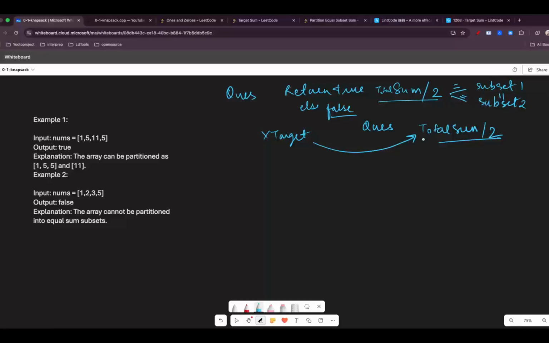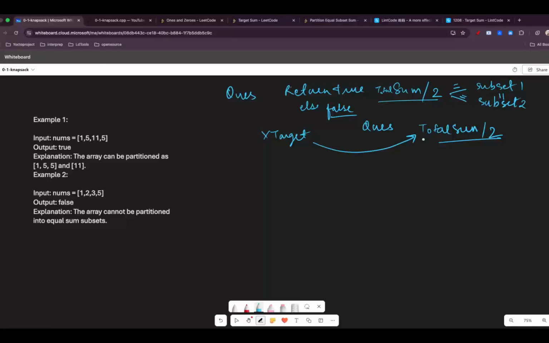Can we take only the 5 at the second index and the fourth index, so that there is a combination wherein the subsets are equal and then return true? Or do we have to include all the elements like 1, 5, 5 and 11? Is it possible that we can just take a small part of the whole array and then they equate?